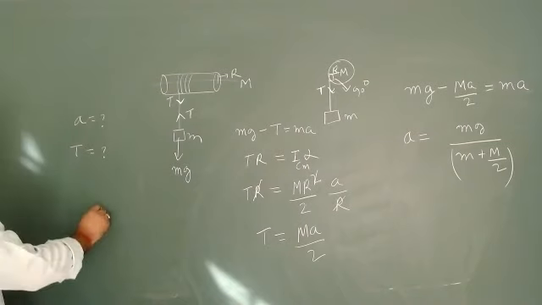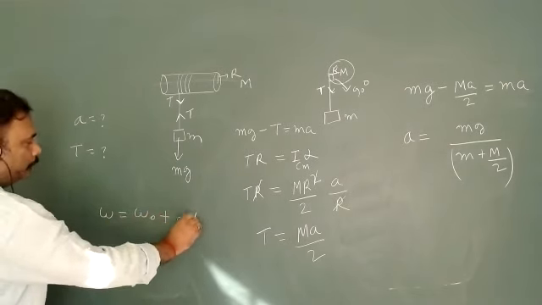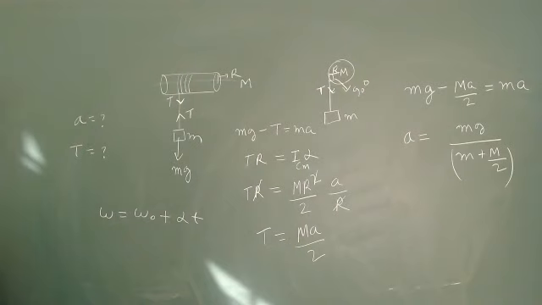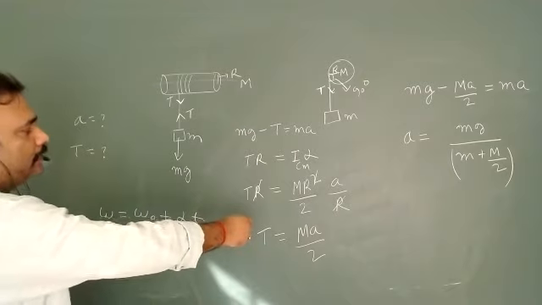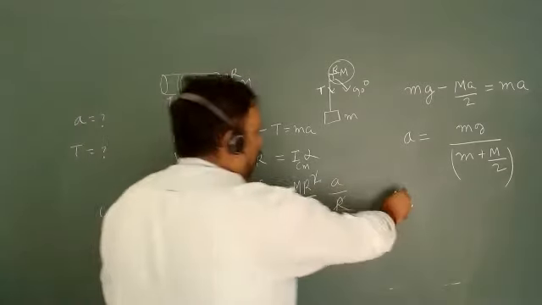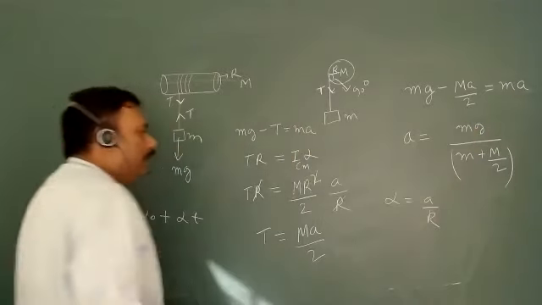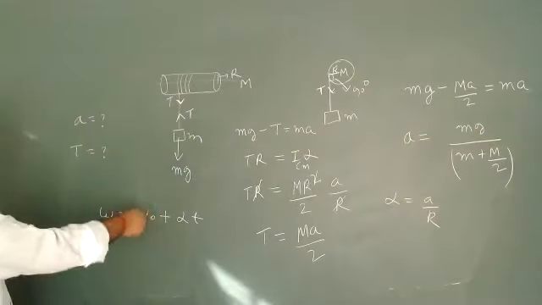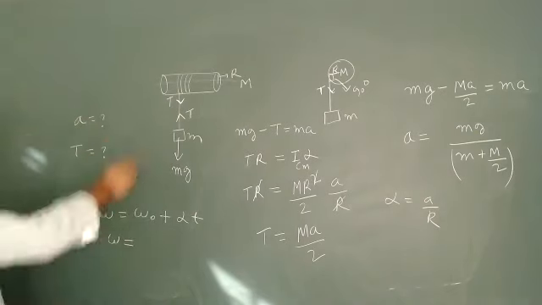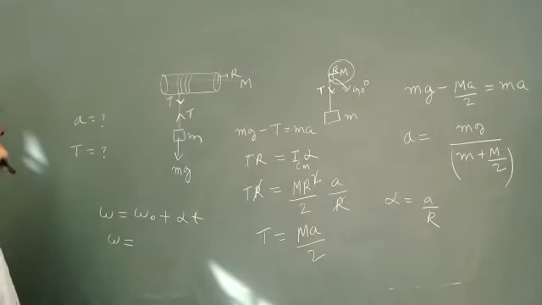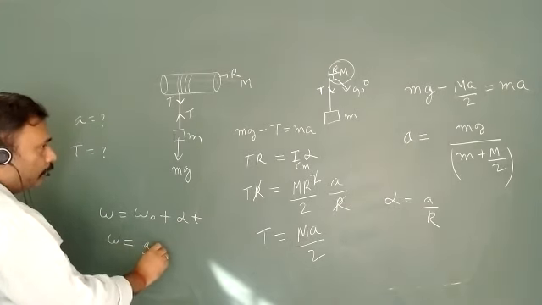Very good. So omega is equal to omega naught plus alpha t. This is a linear equation between omega and omega naught. And we know the value of alpha: alpha is nothing but a by R. Initially omega naught is 0, so I can write omega is equal to a by R into t.